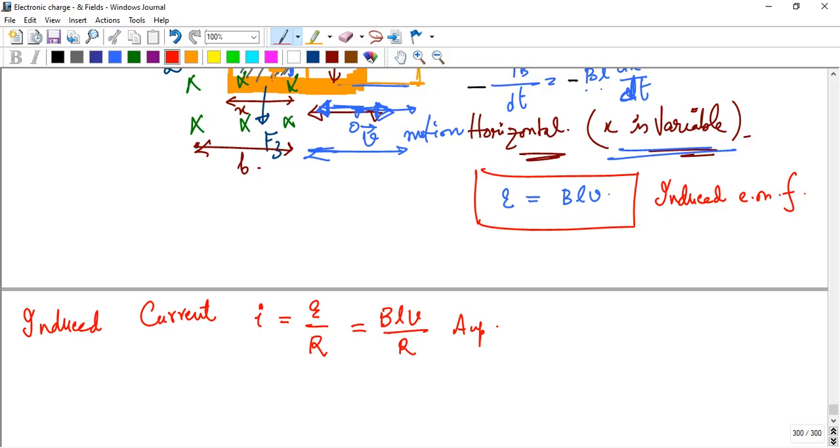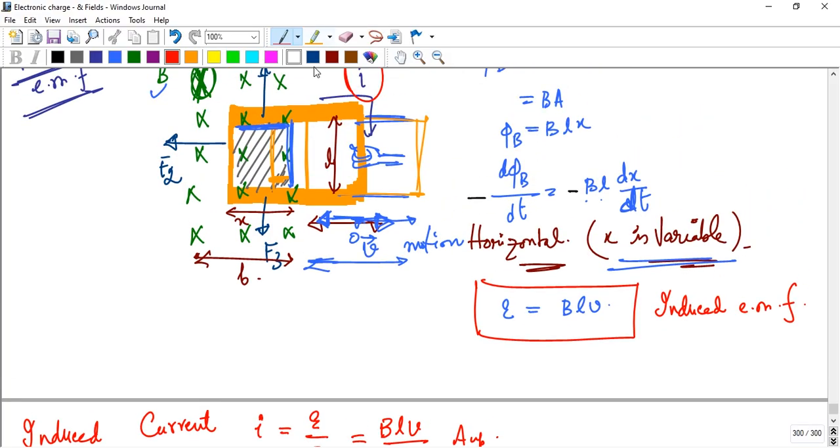And now, what is the work done? Suppose there is work done, meaning a test charge.